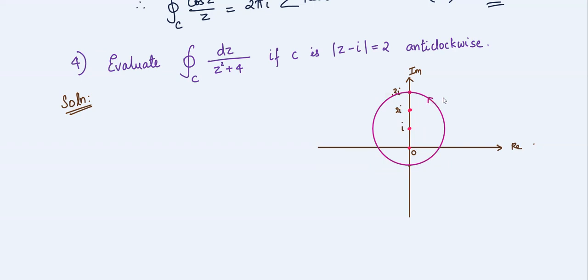This is C. Now, this is minus i and this is minus 2i. So now you see this one has only one pole inside.